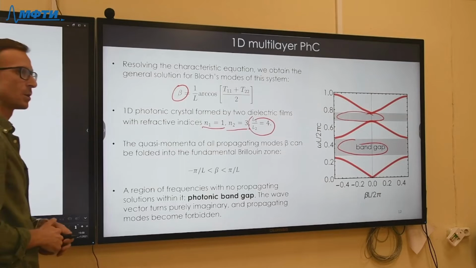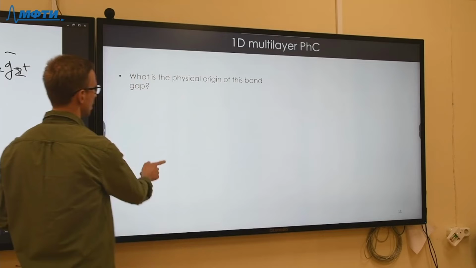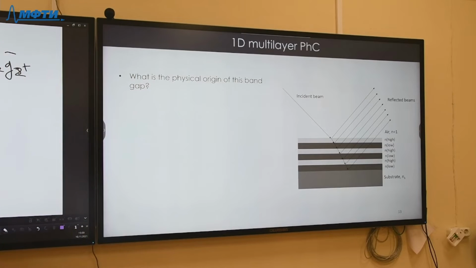What is the physical origin of this band gap? Well, as always in optics, everything can be explained via diffraction or interference, and in this particular case, this phenomenon is explained by interference. So what we have is a multi-layered structure.